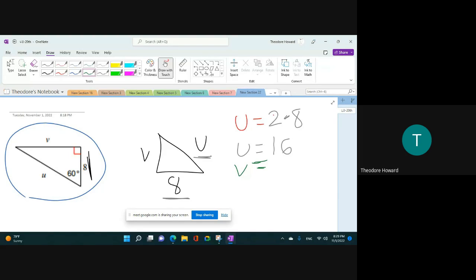So we realize that the hypotenuse is double. What should V be? V should be the square root of what? 3. That's right. But you're missing one more thing. What was the original?